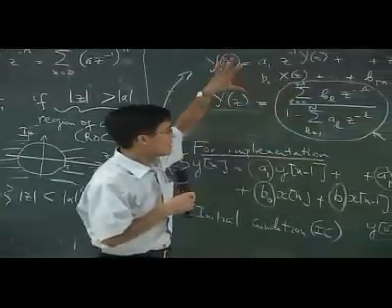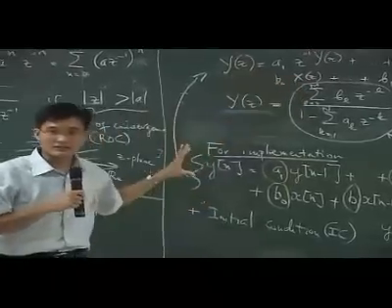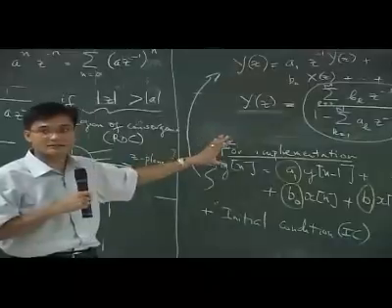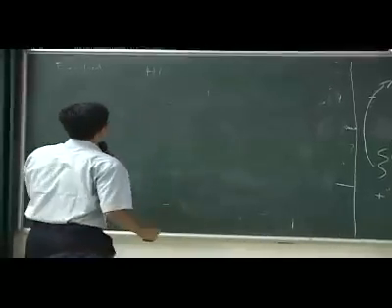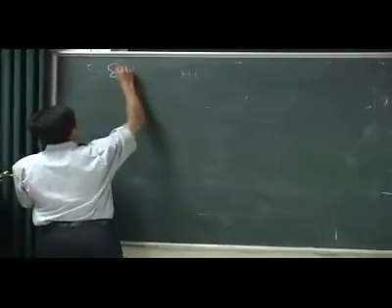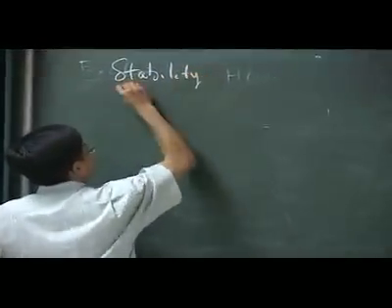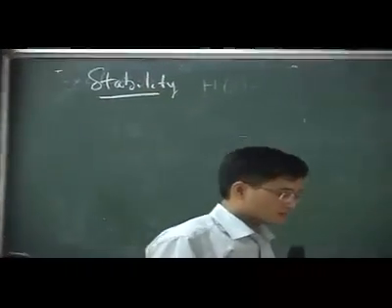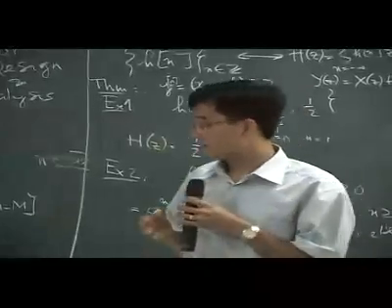And I can tell you that every time you have a system having this form, then you can give it to a programmer to program it. Right? It is a following concept. So let me write it. Stability. You design systems, and you need to guarantee the system is stable.